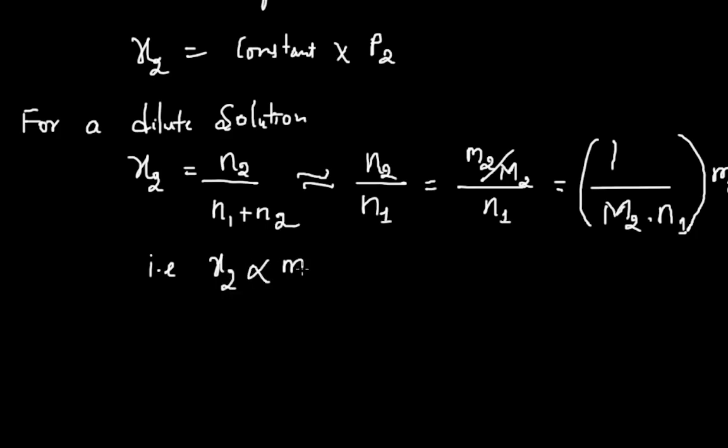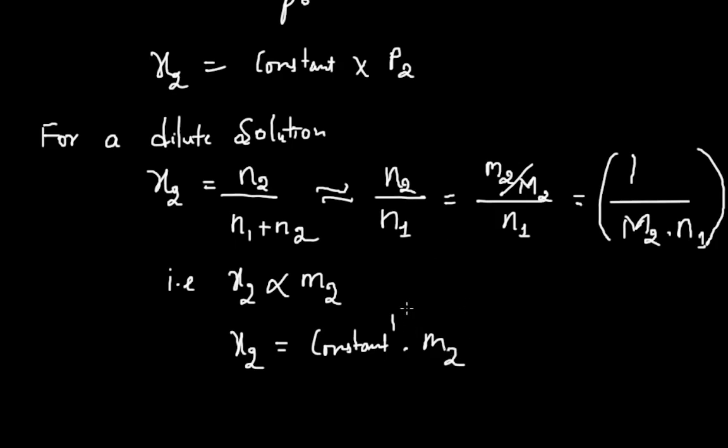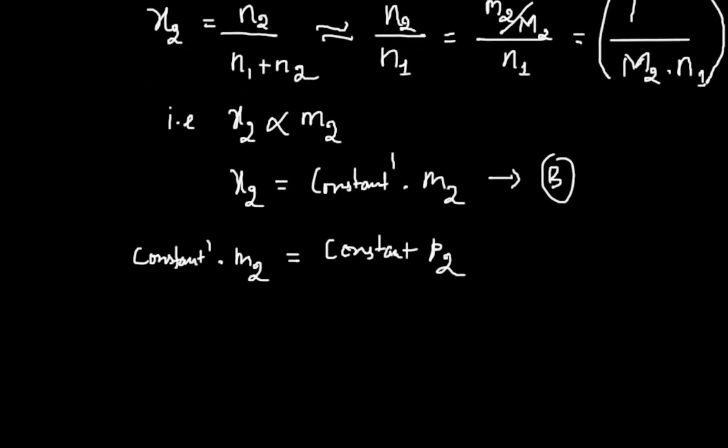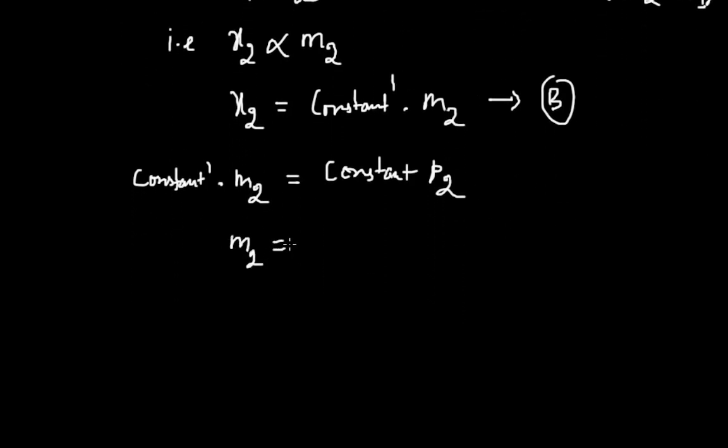So x2 is directly proportional to m2. I want to write x2 is equal to some constant dash into m2, and equate both of these two equations, A and B. So constant dash into m2 is equal to some constant into p2, and m2 I can write as this constant divided by this constant dash, which will again give me another constant, which I want to call k, so m2 equals k p2.